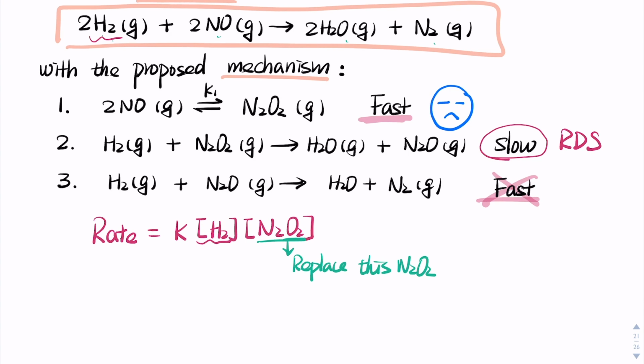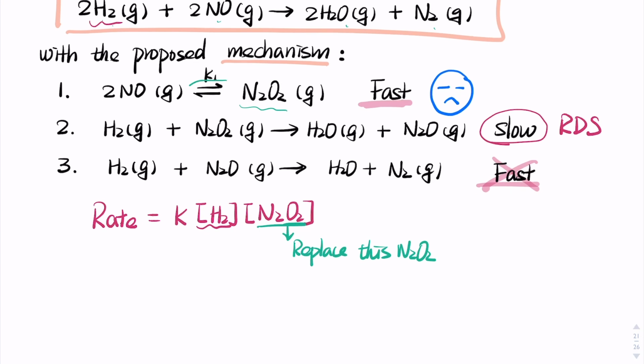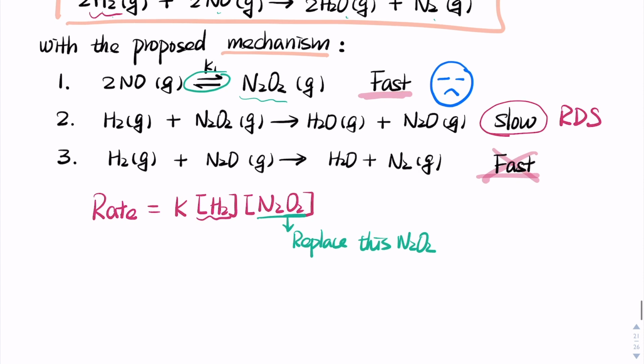Now let's see, N2O2 actually also appears in the first step. The first step is a fast step, and we also recognize that it's an equilibrium reaction. When you see the double-headed arrow, we know the rate of the forward reaction will equal the rate of the reverse direction.